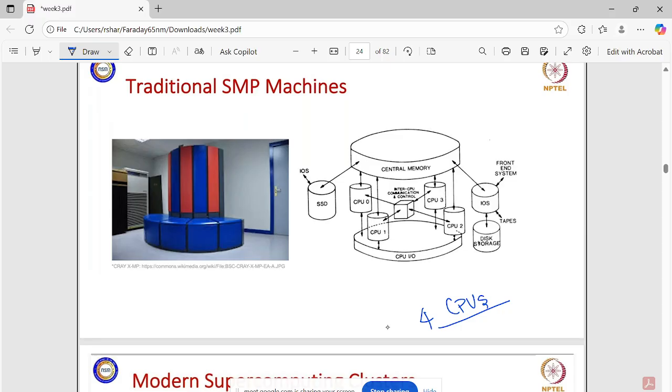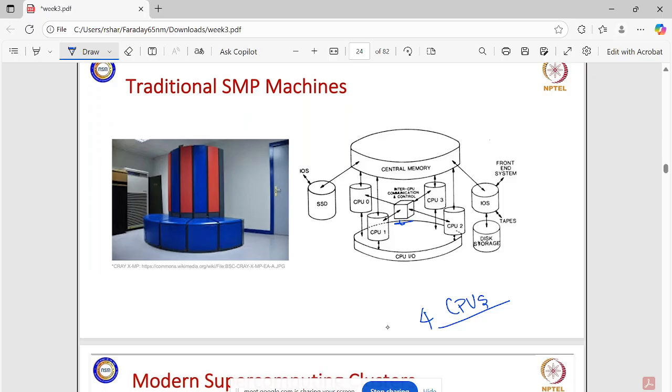We cannot keep on adding more and more CPUs. Over a period of time, if we keep adding more and more CPUs, the complexity required to connect them together starts to increase manifold. The central block, the inter-CPU control and communication part, becomes more and more complex, and there is only a certain limit to the number of compute nodes it can handle.